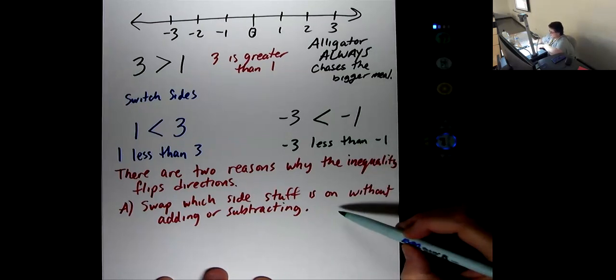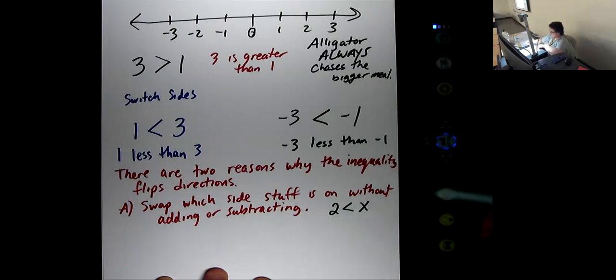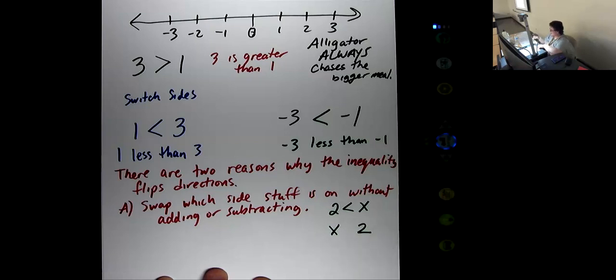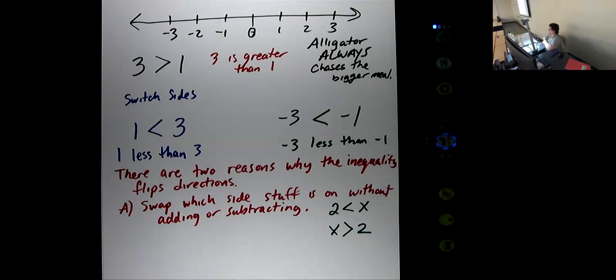What if I had 2 is less than x? The arrowhead symbol doesn't work unless x is on the left. So if I put x on the left and 2 on the right, without adding or subtracting anything, the alligator still thinks x is the bigger meal. I just swapped which sides they were on because it makes it easier to read. That's the only reason we ever swap sides. There's no mathematical reason to do so.